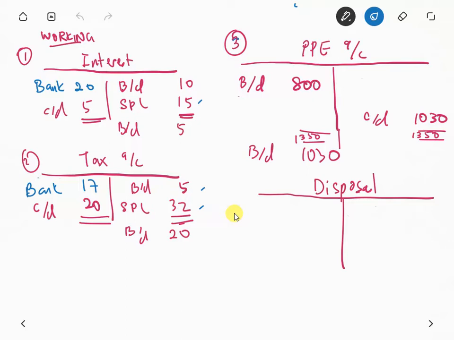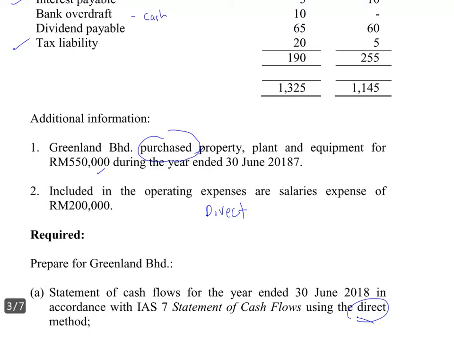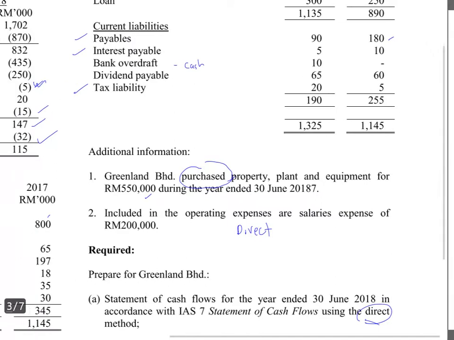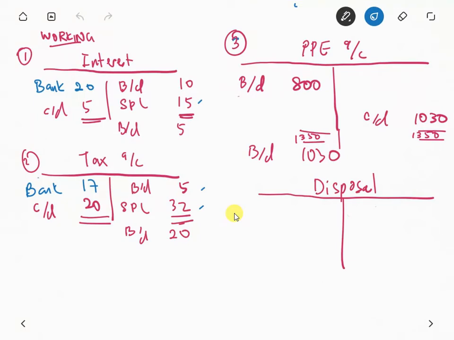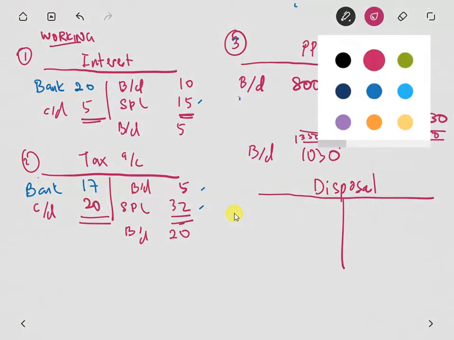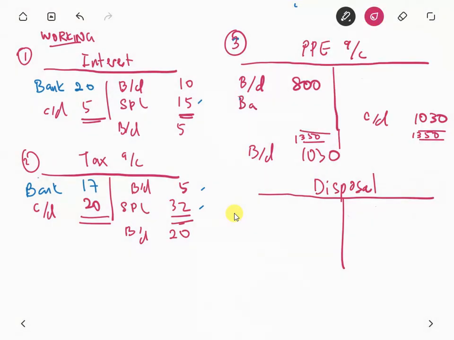Okay, let's look at the question. What other information is provided? We do purchase 550, put it in, purchase, bank, add to your PPE, 550.